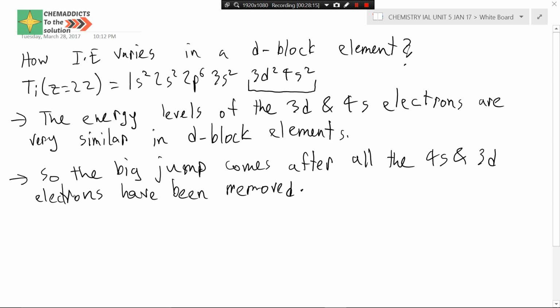So the big jump comes after all the 4s and 3d electrons have been removed.